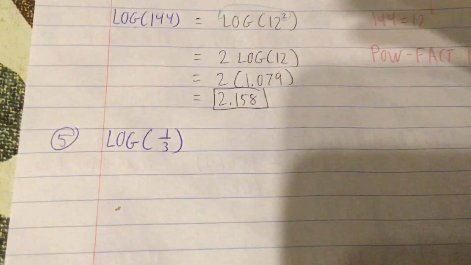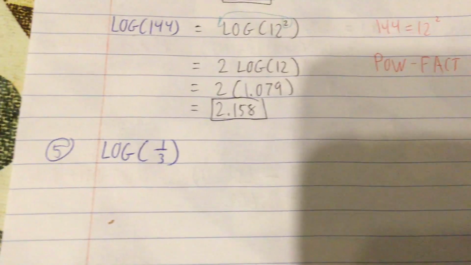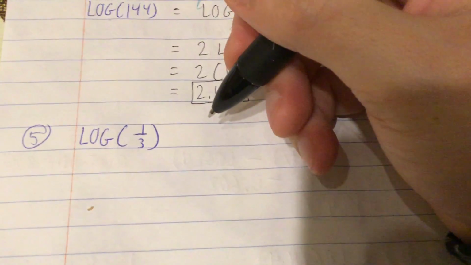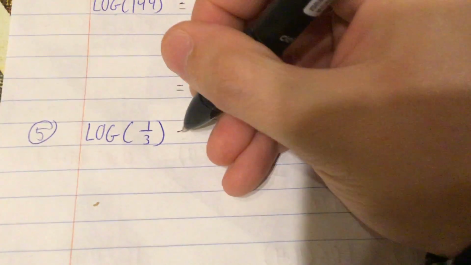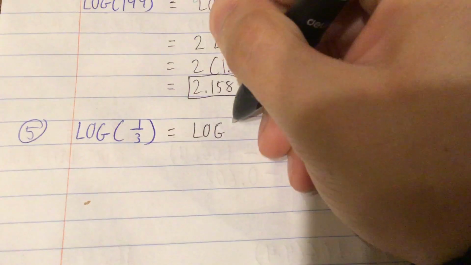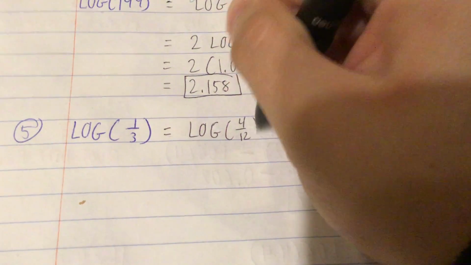Okay, so let's take a look at log of 1/3. If all I'm given is log of 4 and log of 12, you just need to remember that 4/12 is 1/3.